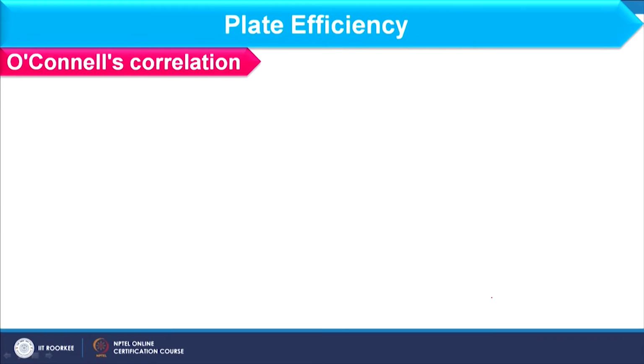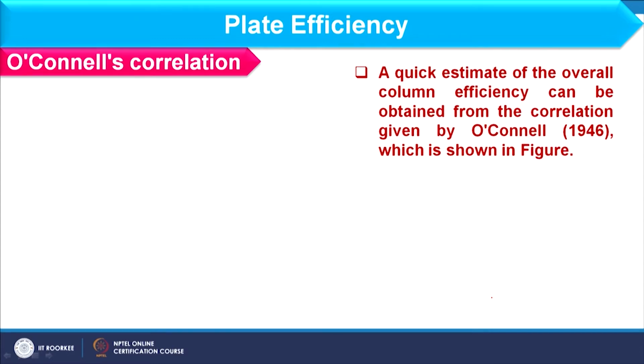Now we will consider the plate efficiency depending upon different methods. The first method is given by O'Connell. That is O'Connell's correlation, for the overall column efficiency. Let us see how to use this correlation.